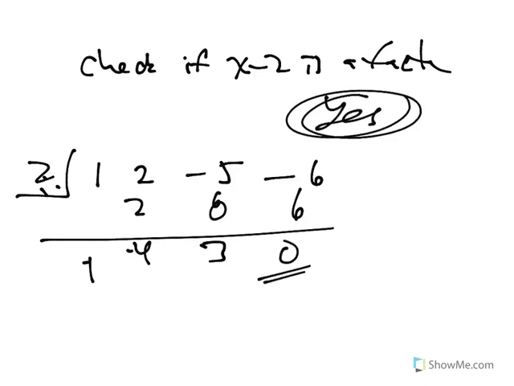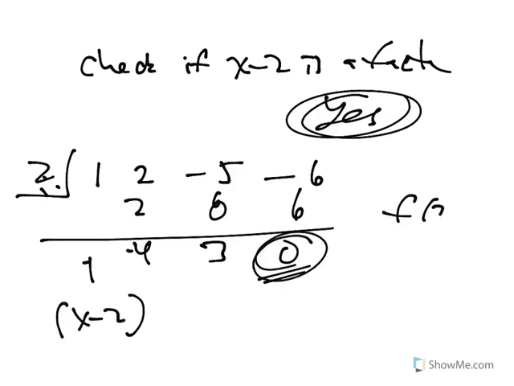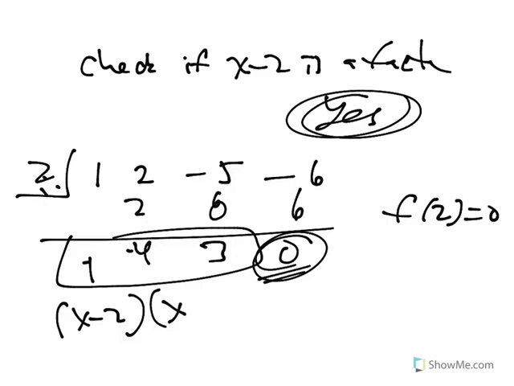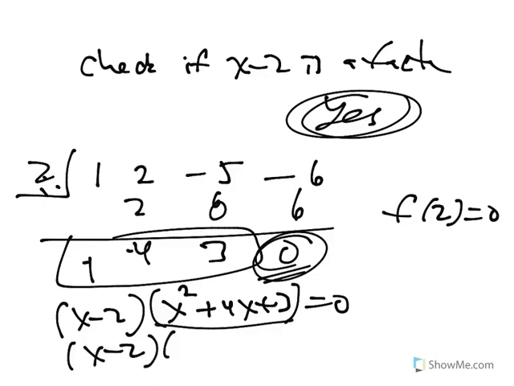A couple of things now. We know x minus 2 is a factor, because that became 0. We know f of 2 is 0. That's what happens when you have a factor. But we also have these guys. That's the other factor. And good news, this thing here can be factored to x plus 3 times x plus 1.